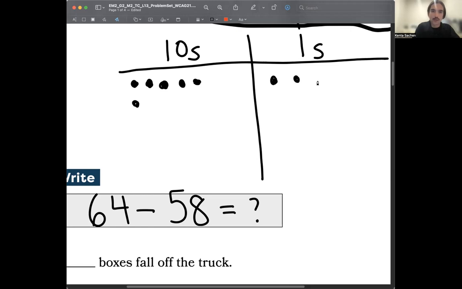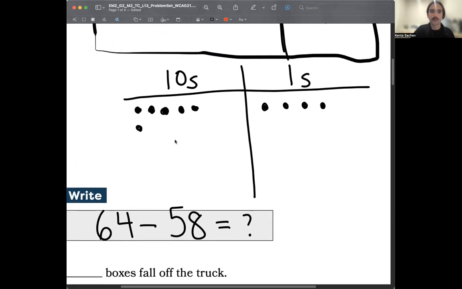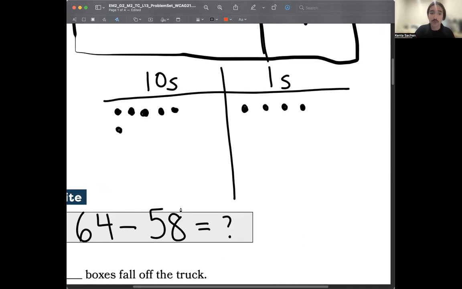1, 2, 3, 4. I'm not going to draw 58 because that would mean I'm adding, right? I need to take away 58. Okay. So now it's time to take away 58 from here. And just like with addition, I'm going to start with my ones.